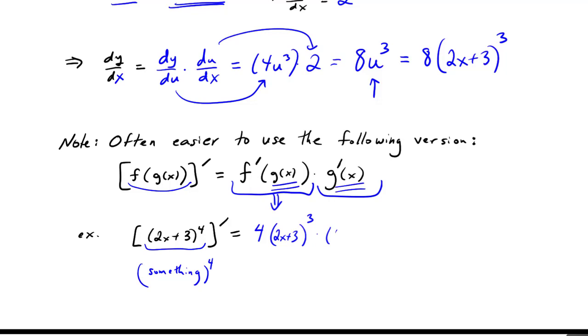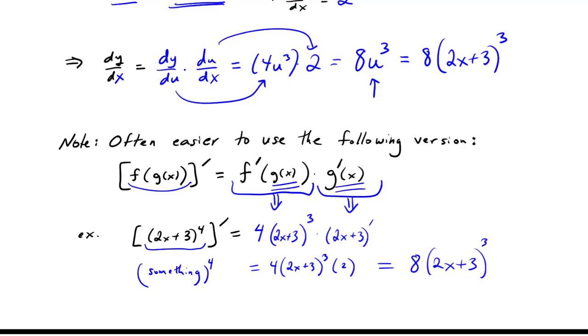So I need to multiply by the derivative of 2x plus 3. So I end up with 4 times 2x plus 3 cubed, and the derivative of 2x plus 3 is just 2. And as you see, if I multiply the 2 and the 4, 8 times 2x plus 3 cubed. Okay, and we get the same answer.